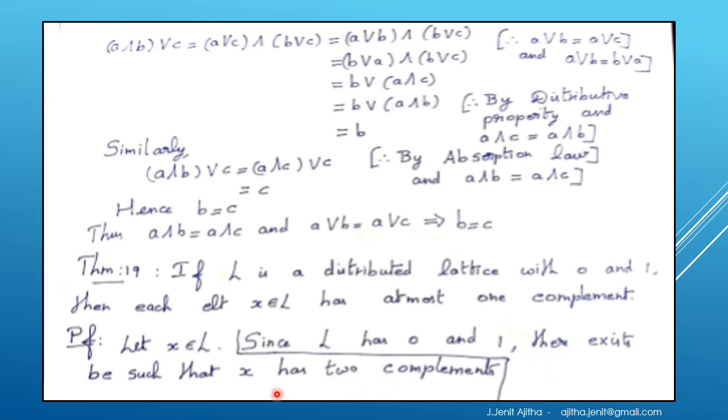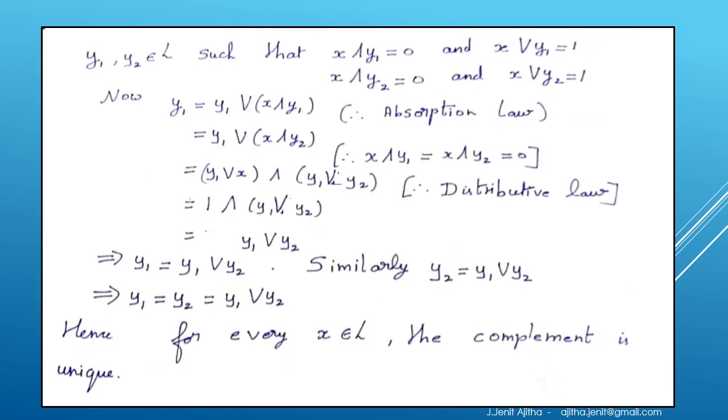Let us see what happens. Take 2 complements y1 and y2. So x meet y1 equals 0 and x join y1 equals 1. Also, x meet y2 equals 0 and x join y2 equals 1.